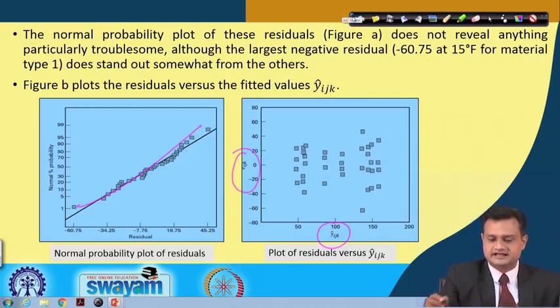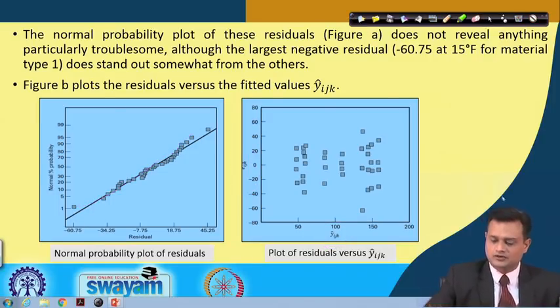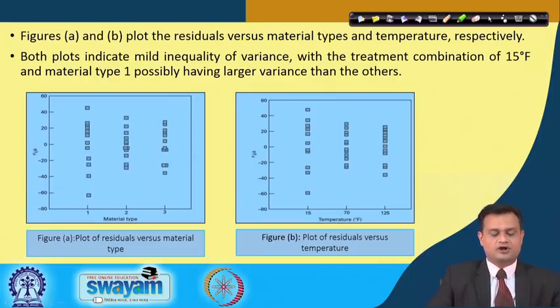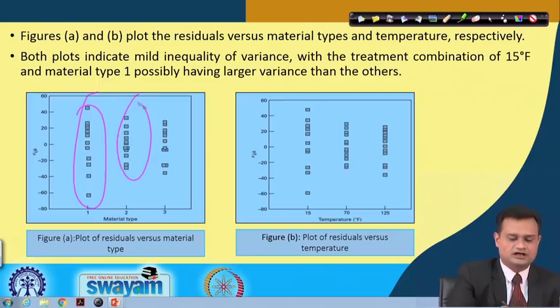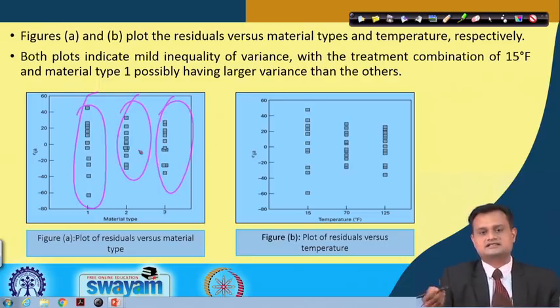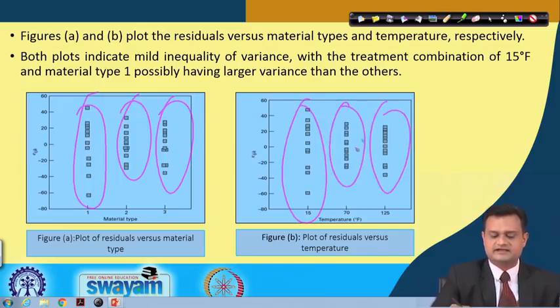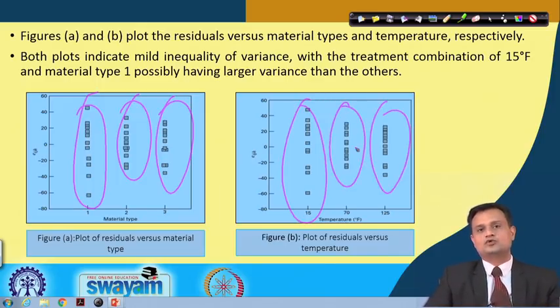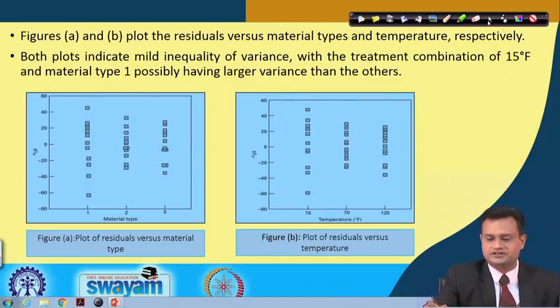So there is an independence which is also verified. Now these are the plots that show the individual variability for a particular material type. More or less there is nothing great to observe, the variability is there, not too low or too high, and we can be comfortable with the equal variance also.